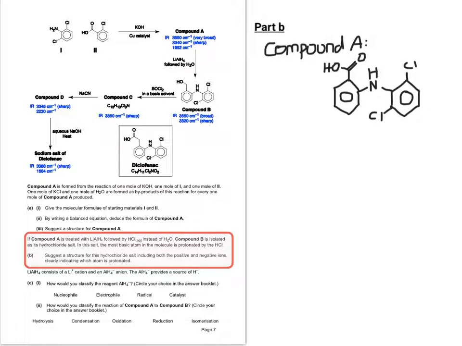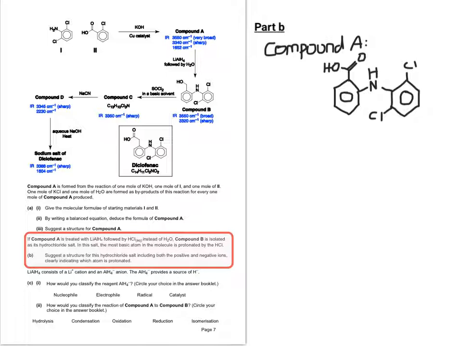In part B, compound A is treated with LiAlH4 followed by aqueous HCl instead of H2O, and compound B is isolated as its hydrochloride salt. In the salt, the most basic atom in the molecule is protonated by the HCl.